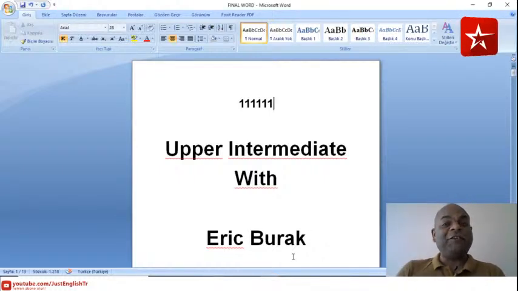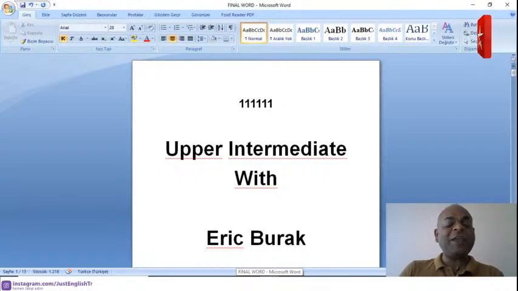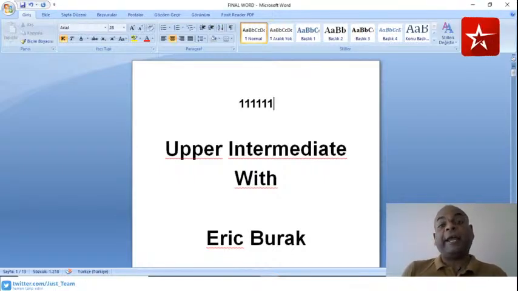Don't forget to have your pencil and a paper because we're going to do a lot of things together today. We're going to learn a lot of things together. It's going to be all about modal past verbs. I know that it's a bit tricky topic, but it's going to be a great fun today. So what I'm going to do is very simple. Just sit back, relax, and we're going to work together.